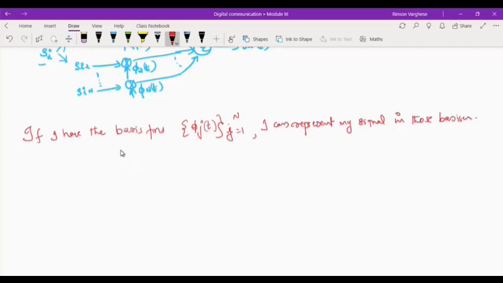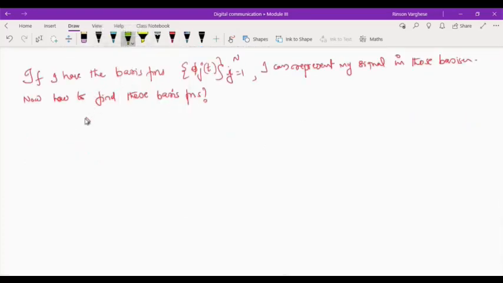How to find these bases? How to find these basis functions? This is the question, and you need to properly choose these basis functions, because let me show you an example.